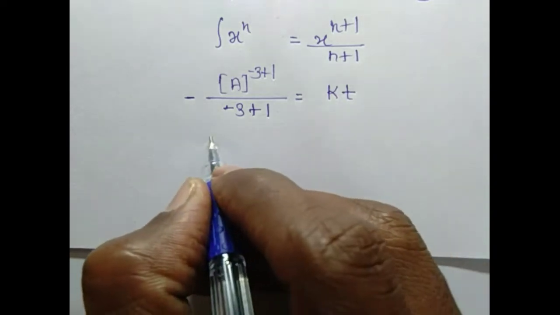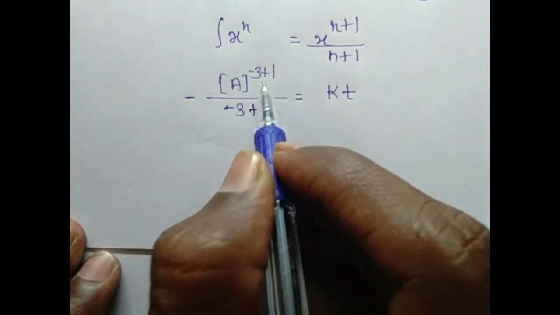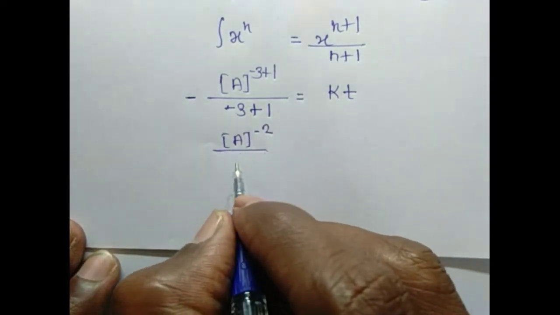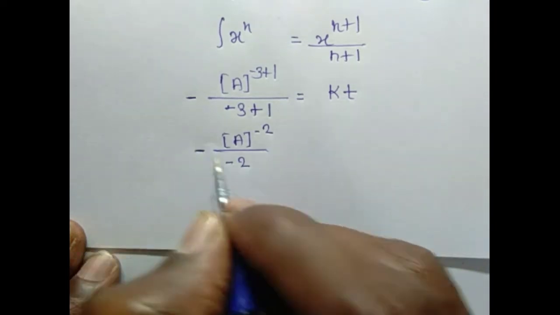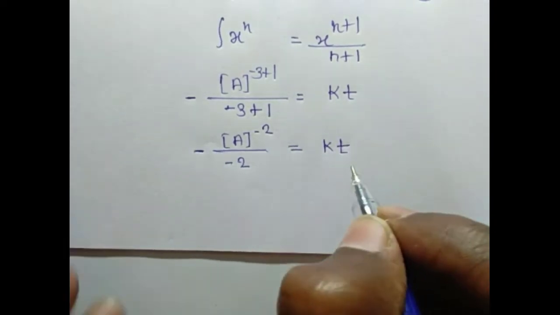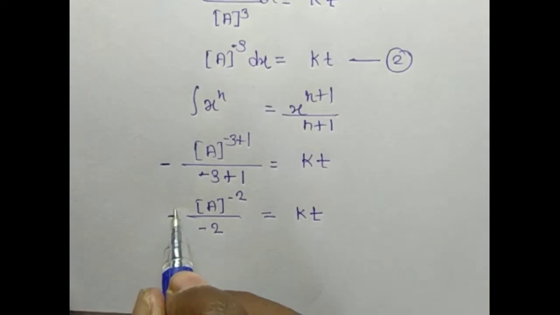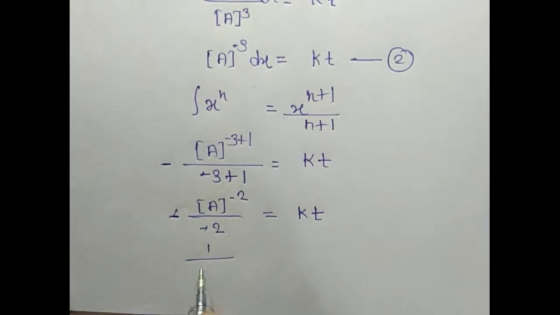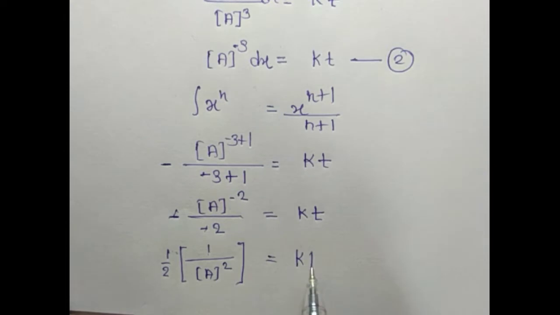That is A to the power minus 2 upon minus 2, and the minus minus get cancelled. Now the equation is written as 1 half into bracket 1 upon A square is equal to Kt. This is our equation number 3.